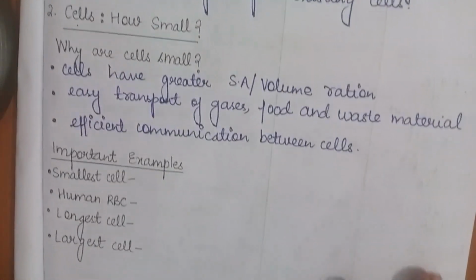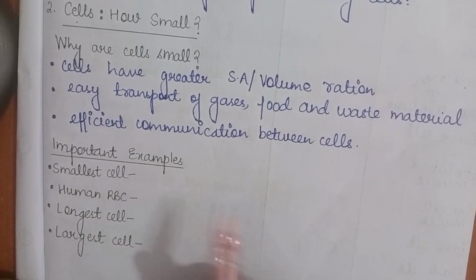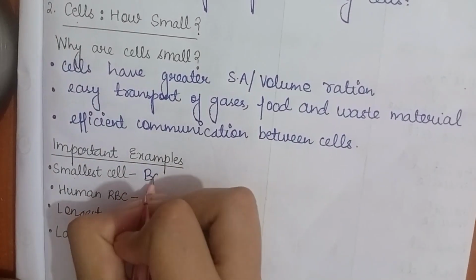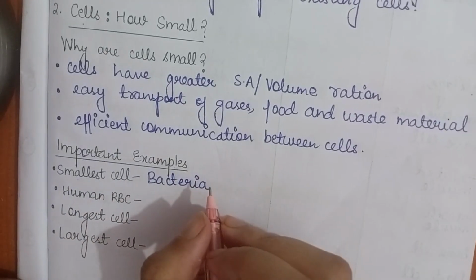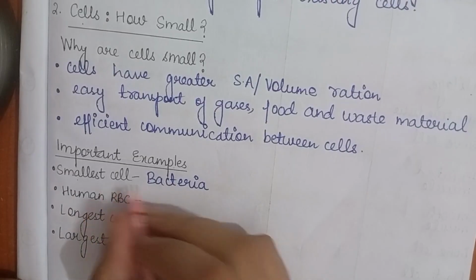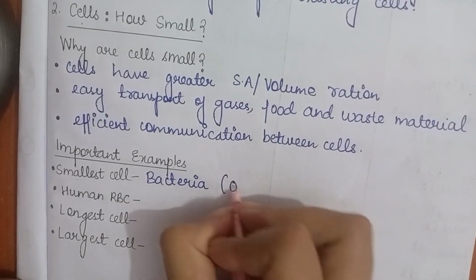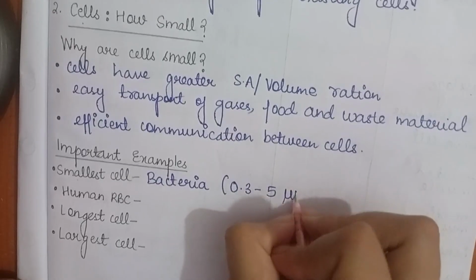Okay, now let's revise the important examples. So smallest cells were bacteria, and that bacteria is mycoplasma, but here you just need to remember that bacteria are the smallest cell. Its size is 0.3 to 5 micrometer.